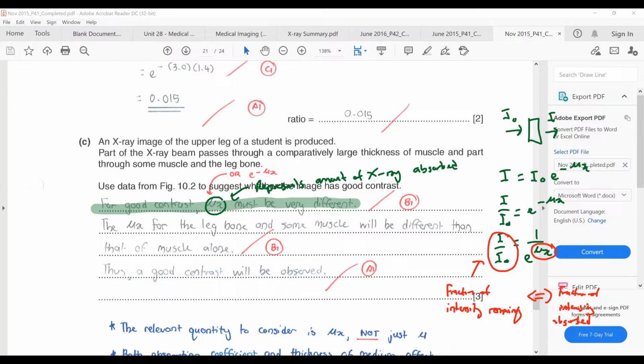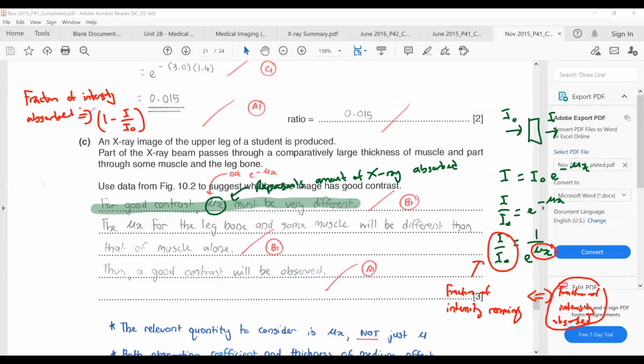Now, this one, fraction of intensity absorbed. This one here, I think I can mention this to you. If you want to find fraction of intensity absorbed, that one will be equal to 1 minus I over I naught. Okay.